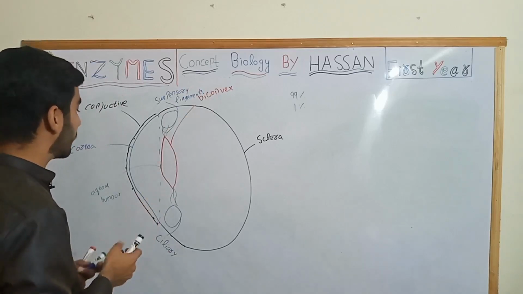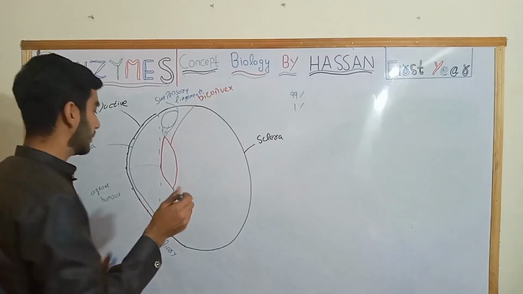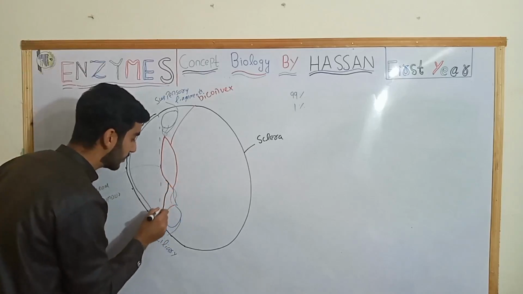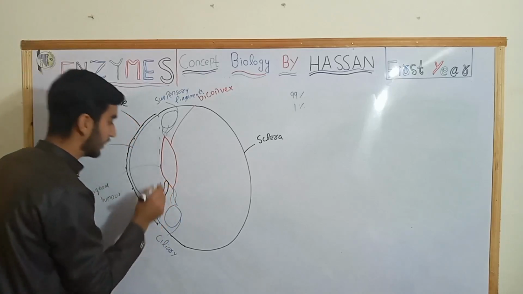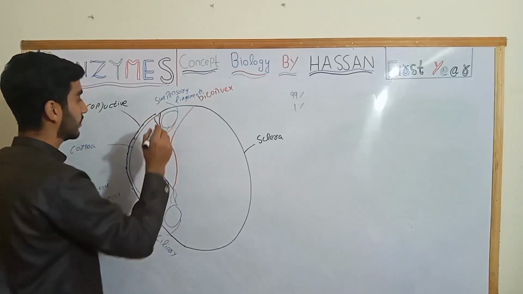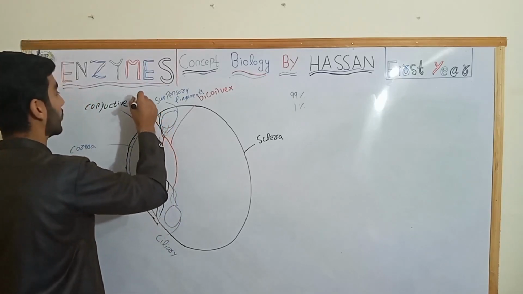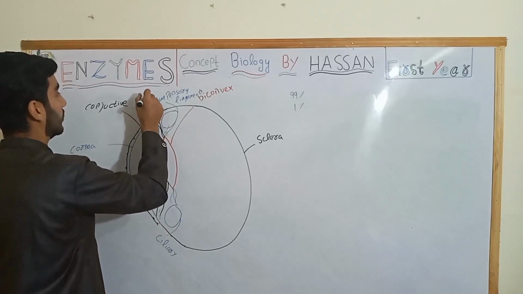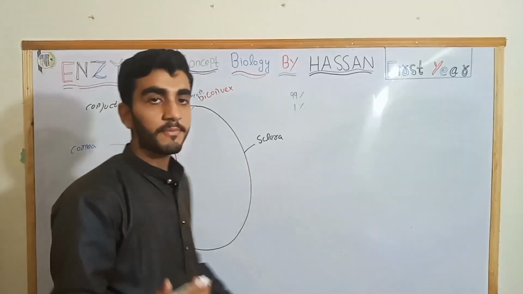Another very important part of our eye is the iris. Basically, this is the color part of our eye.